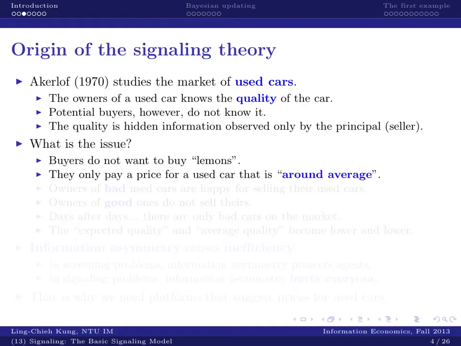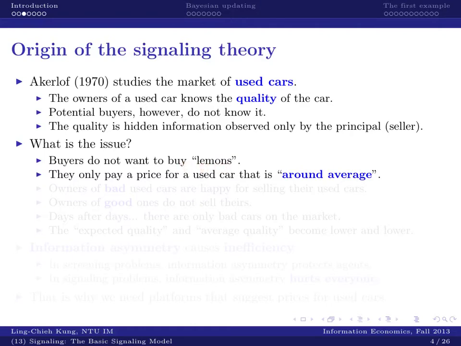So in this case, probably you want to ask, what's the issue here? The buyers do not want to buy lemons. Lemons means those used cars that you buy and afterwards you find there is something wrong. Because you have bought the car, if you find some issues afterwards, you cannot blame the seller, right?